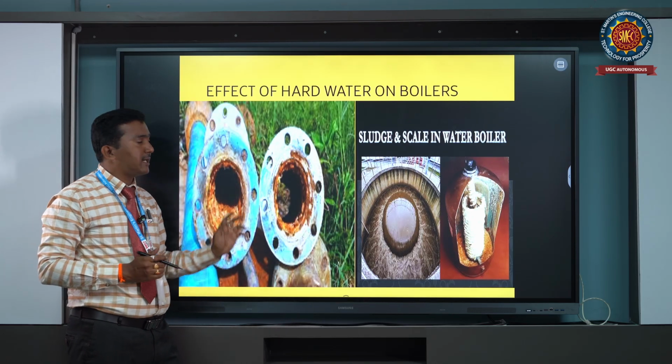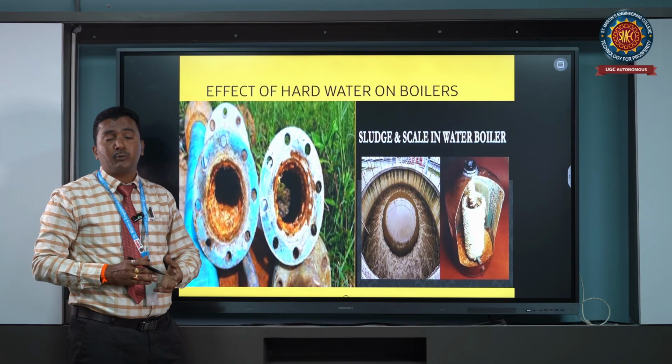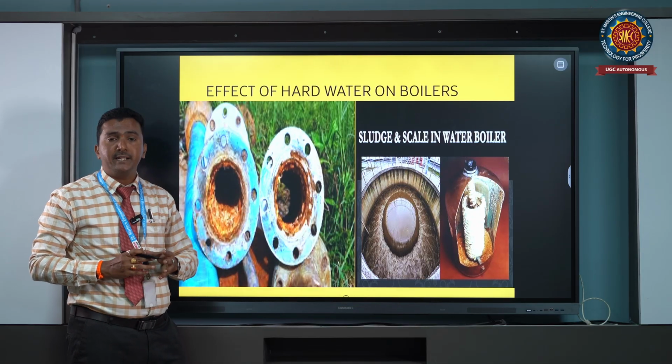To avoid these disadvantages, first of all you have to remove the total hardness causing salts.